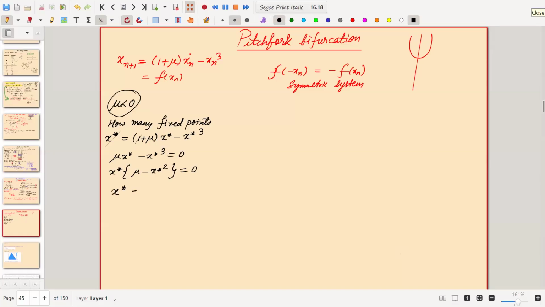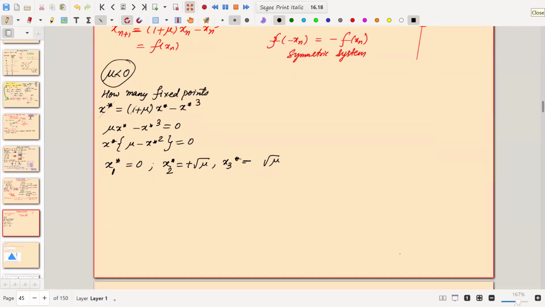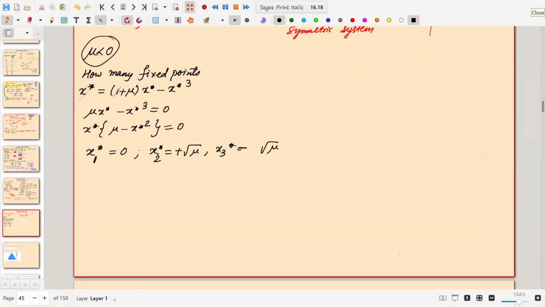So you will have x star equals 0, x2 star is plus root mu, x3 star is minus root mu. Is it clear with the calculations? Simple calculations, right?